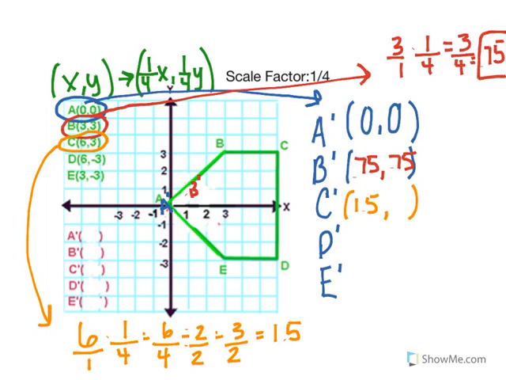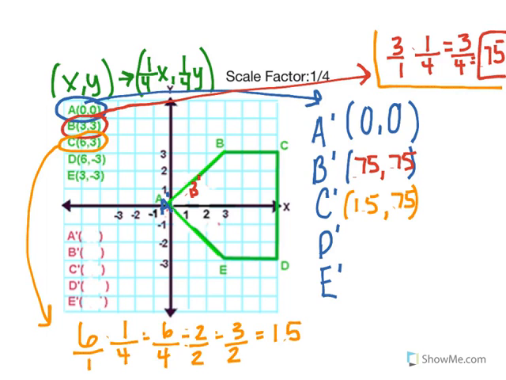And then I've already multiplied the y coordinate, because up here I multiplied the y coordinate 3 times 1/4, and I got 0.75. So I'll do 0.75. There's no need to multiply it again if I already know what it is. So now I'm going to plot C prime.